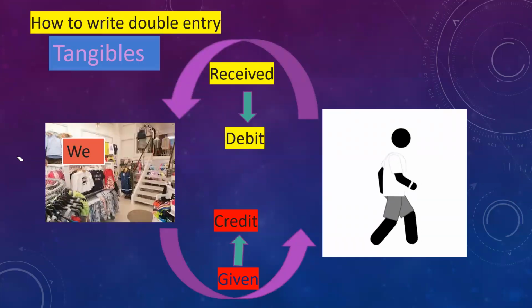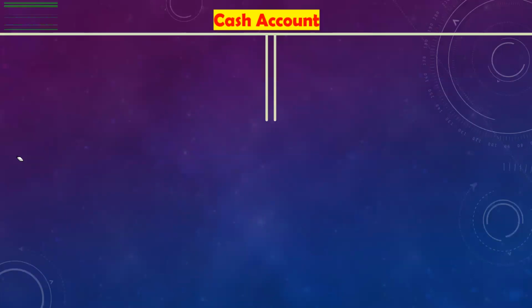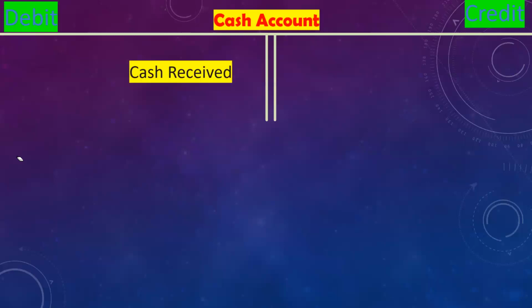No need to write this diagram, okay? Directly you can write tangible rule, received debit, given credit. After that, draw this and write it clearly.